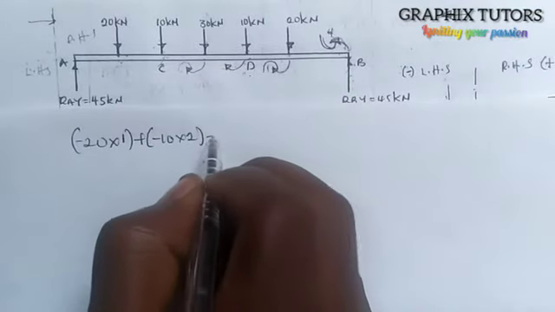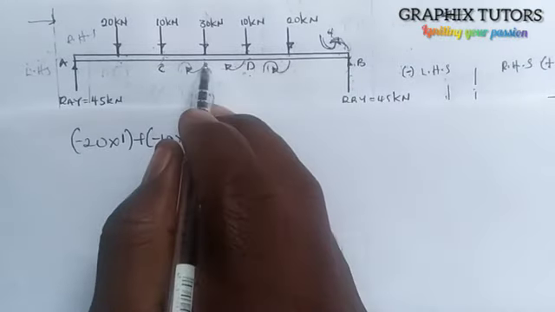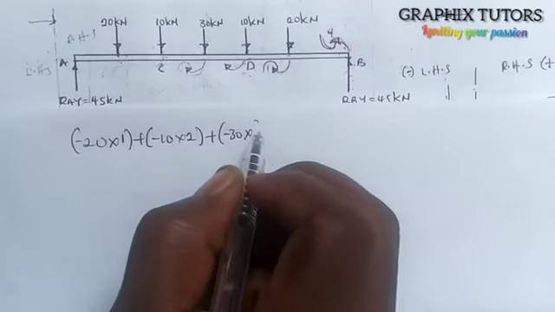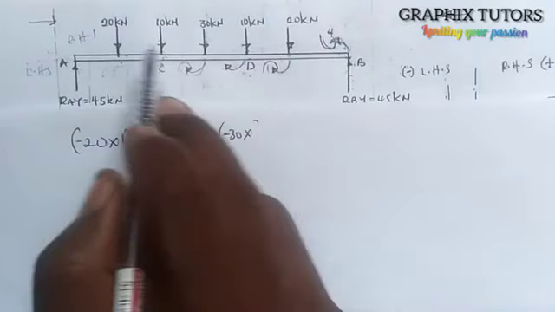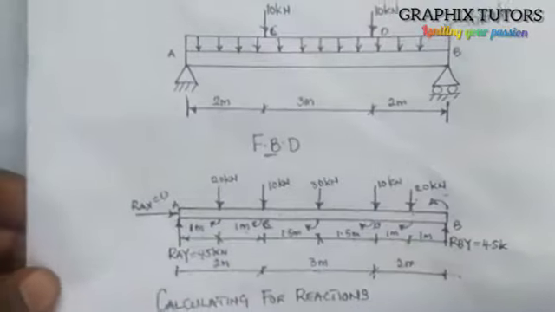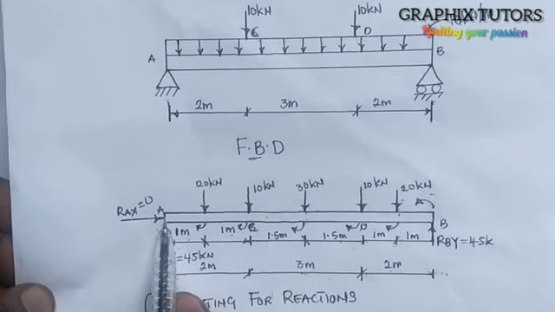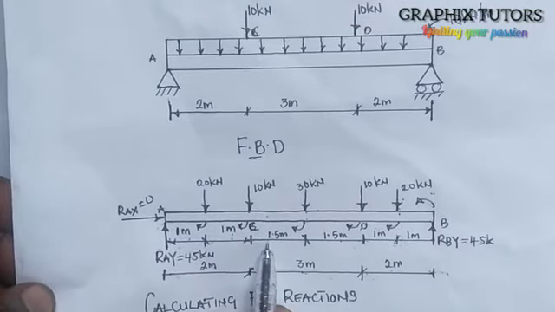This will be times 2, plus we have this coming also, that will give you minus 30 times the distance between 30 and A. That will be 2 plus 1.5, that is 3.5, right?